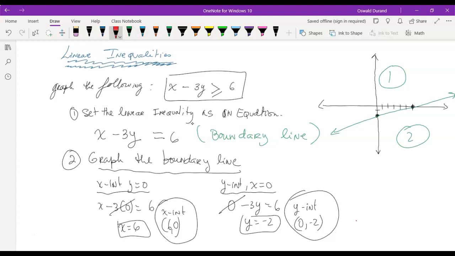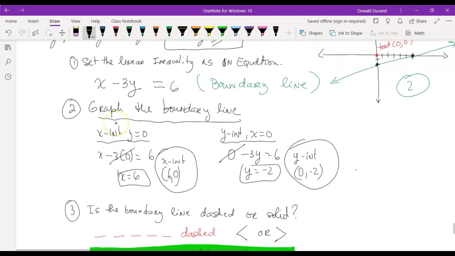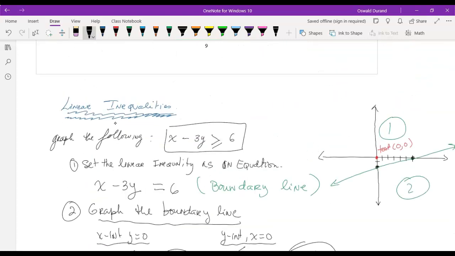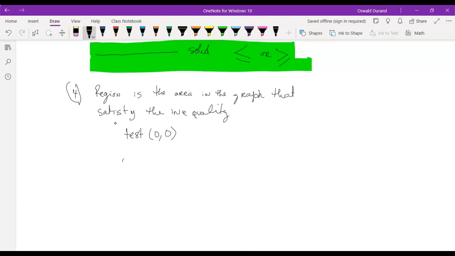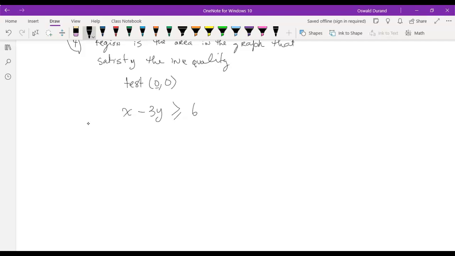Let's say I want to make it very simple and test the point (0, 0) in my inequality, which is x minus 3y greater than or equal to 6. So x is 0 and y is 0.